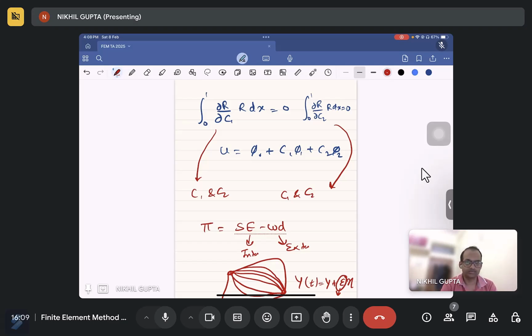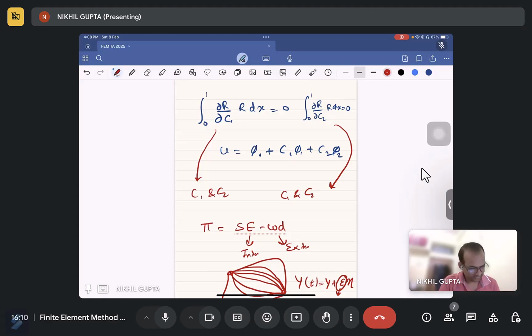It is not going to be zero, because all the external work done is not going to get stored in that case. Yes, I think so, but there is no written thing. This is just our intuition, and I don't find any literature behind why this energy equals potential energy. There should be some literature, definitely. Maybe I don't know, and you don't know.